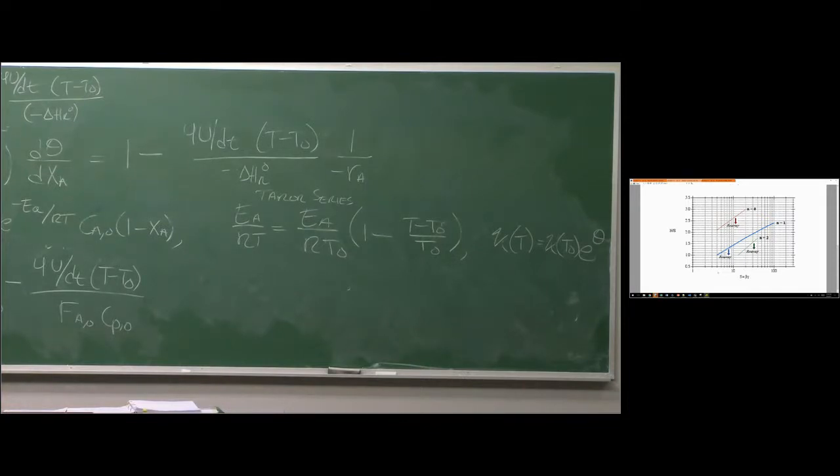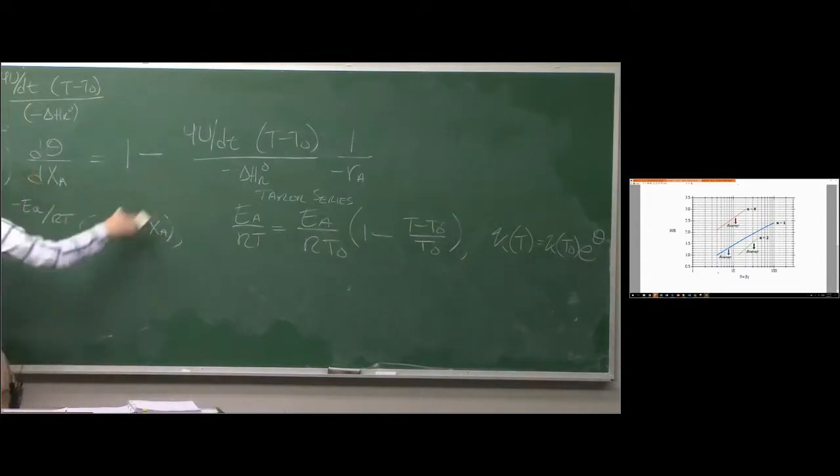What you get by non-dimensionalizing the rate is now we can come up here and we can substitute in the rate that exists in that expression.